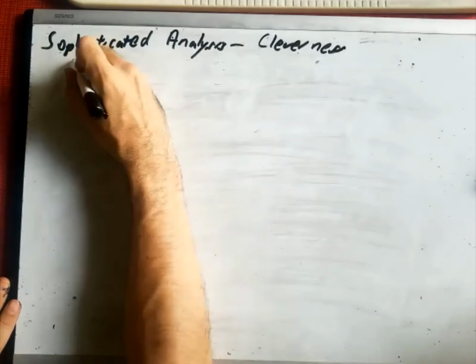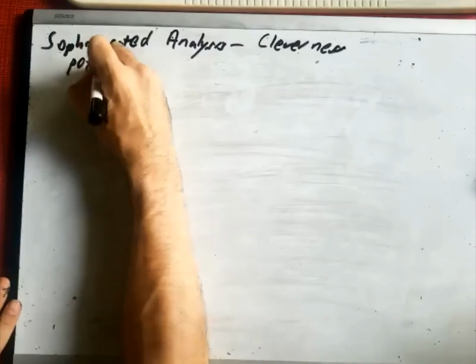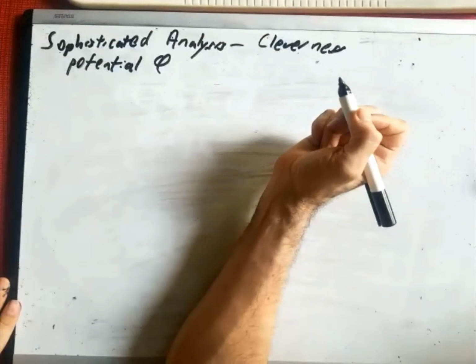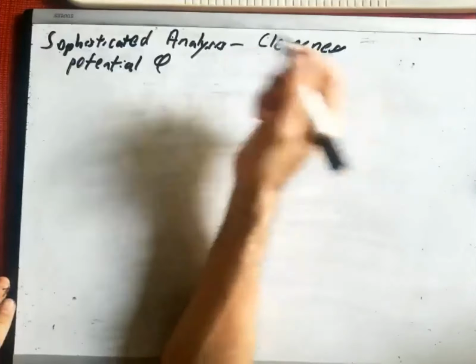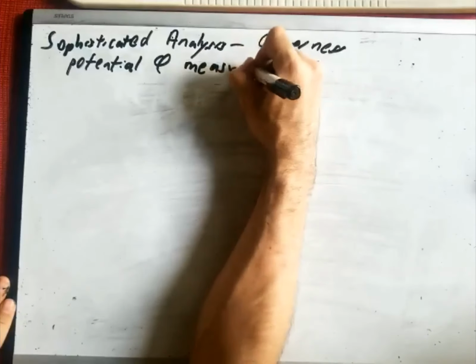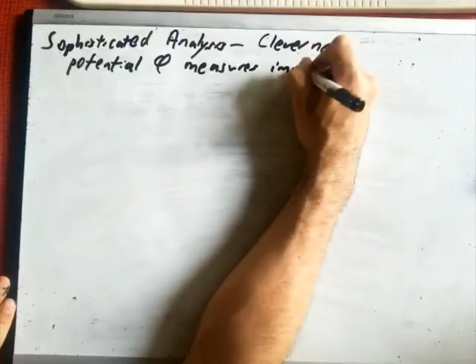It uses a potential function. And instead of keeping the tree balanced, it uses a potential function that measures the imbalance.